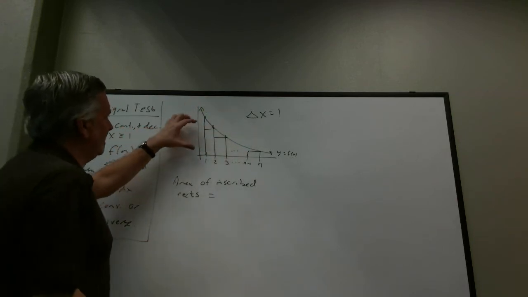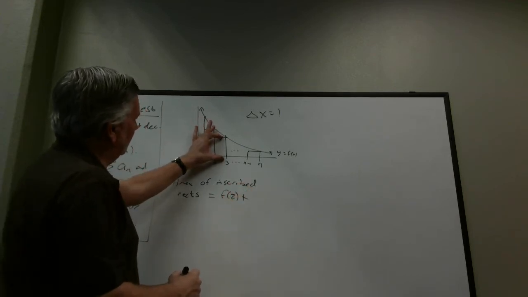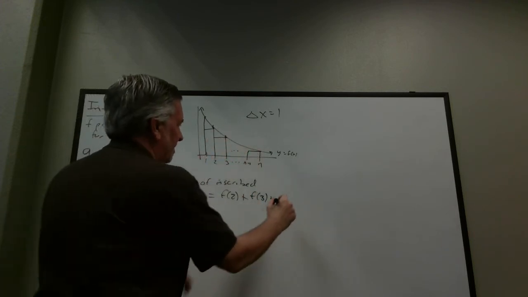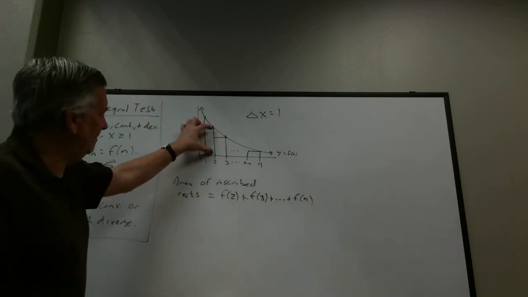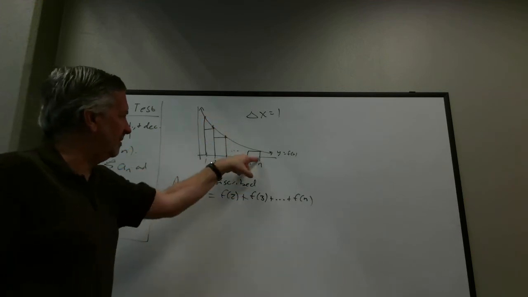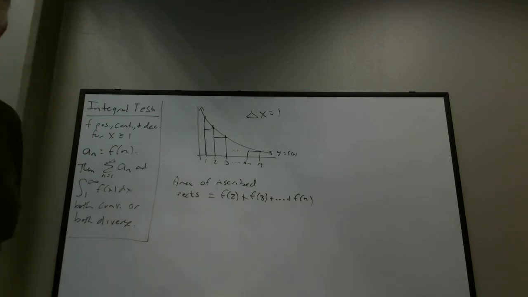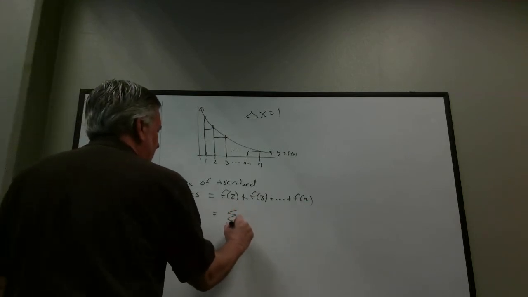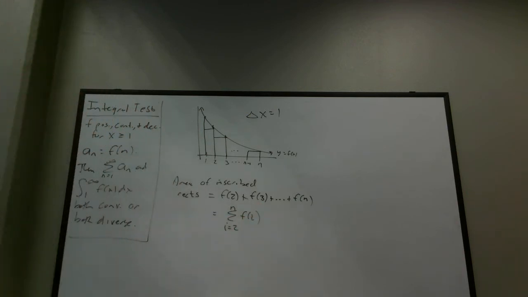What's the height of the first rectangle? It's f of 2. And the height of the second rectangle is f of 3. And the height of the last rectangle here is f of n. Base is 1, height is f of 2, that's the area of the first rectangle. Base is 1, height is f of 3, that's the area of the second rectangle, all the way down to the end. Of course, this is the same thing as the sum i equals 2 to n of f of i, if we want to write it in sigma notation.